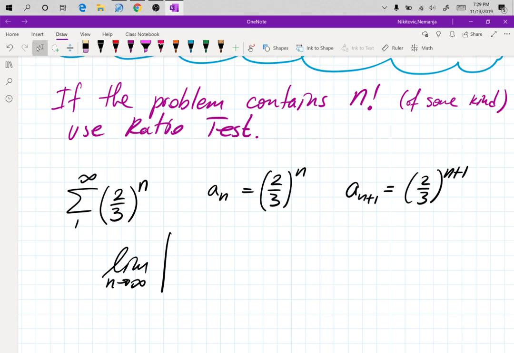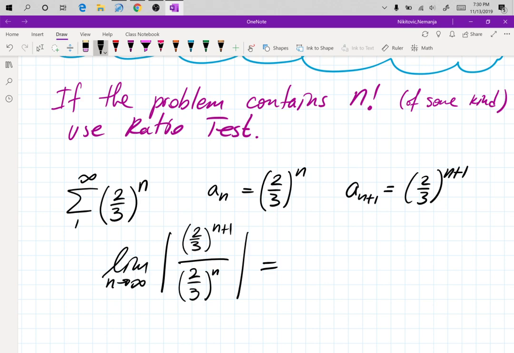So get in the habit: ratio test, boom, absolute value right away. So the absolute value of a_(n+1) divided by a_n. This is the ratio test. So your job now is to work this out.